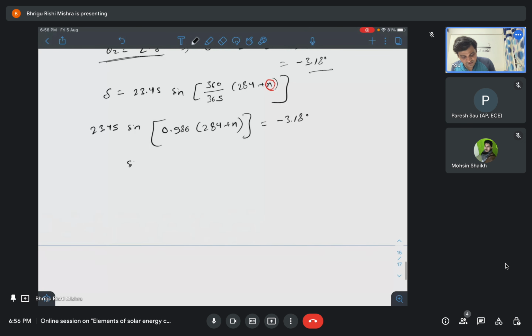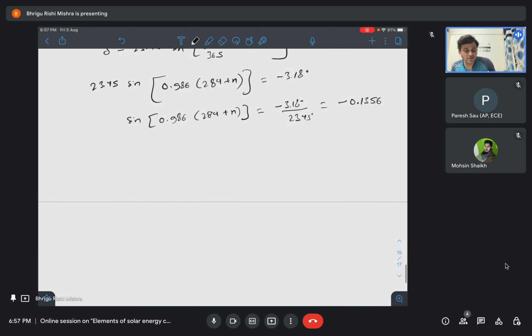So it is sine of 0.986 times (284 plus n), and when we divide, it gives a value of around minus 0.1356. Take the sine inverse.